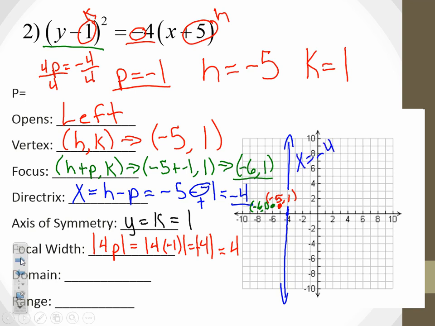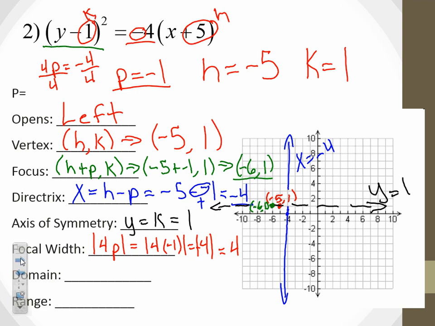Always our axis of symmetry goes through our vertex and our focus. So we're right here. Now since it's a horizontal line, it's y equals, what are we going through? 1. Now last thing is to use our focal width. So our focal width on this one again is 4. So remember we go to our focus point.